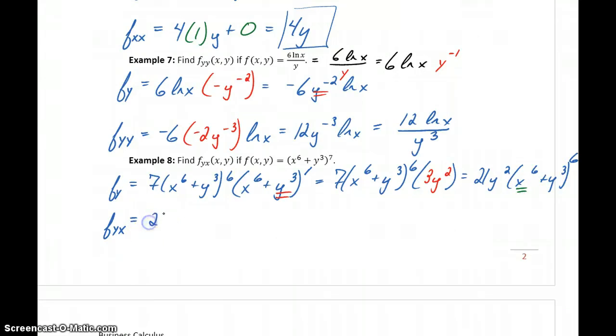So the result here will be 21y squared, since this is just a constant multiple out front, times the derivative of this composite function, and since we're now differentiating with respect to x, we're looking at that x piece to differentiate.